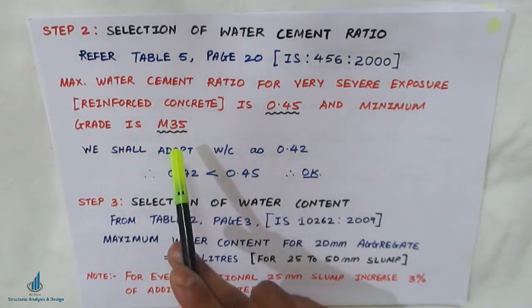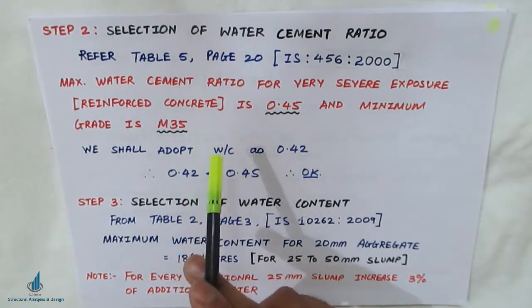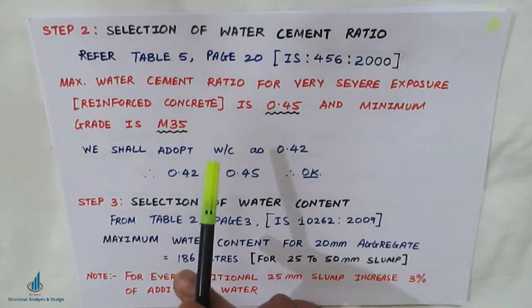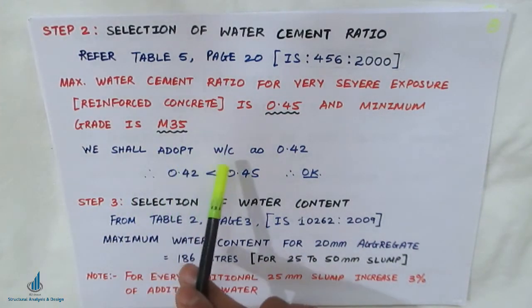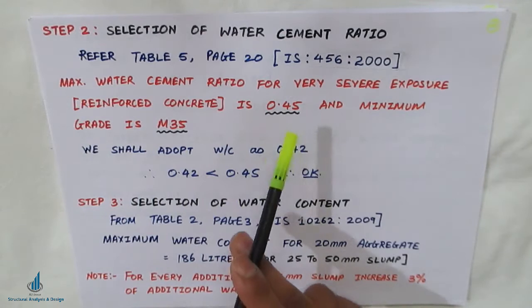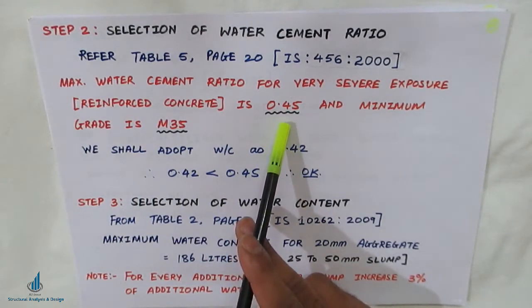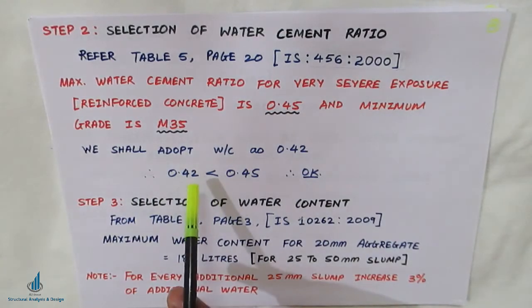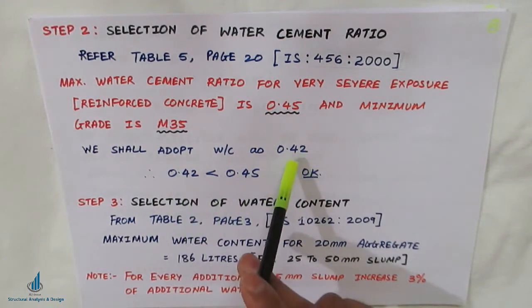In our case we are designing for M45, which is greater than M35, therefore okay. And we shall adopt a water cement ratio of 0.42. 0.45 is the maximum, we cannot exceed it, and with experience we can design it for 0.42.